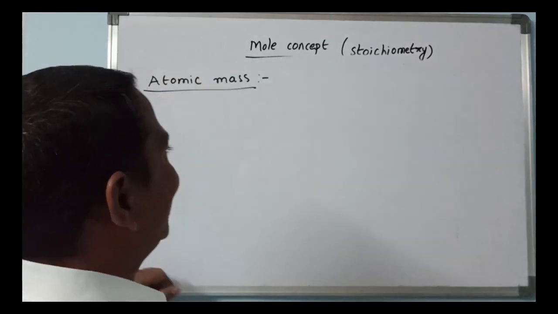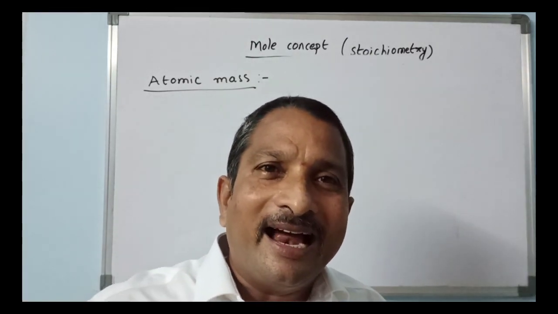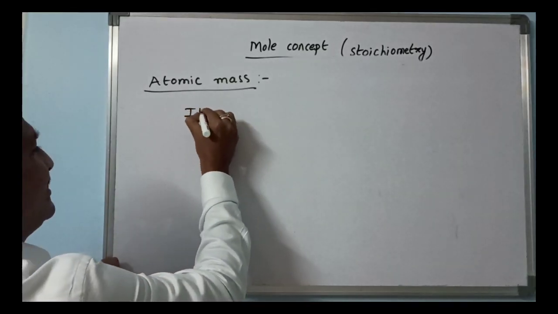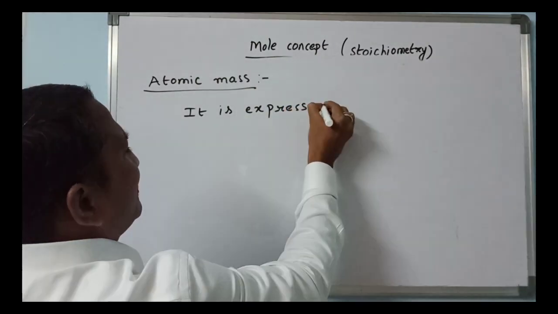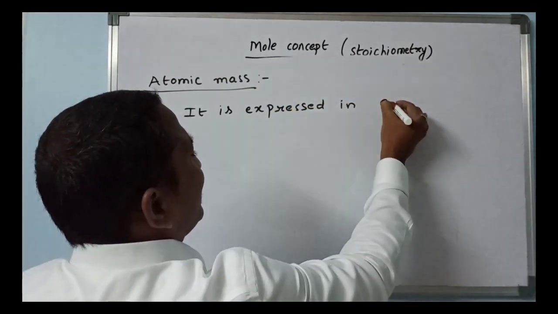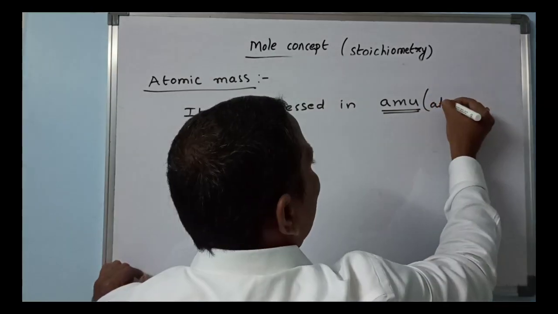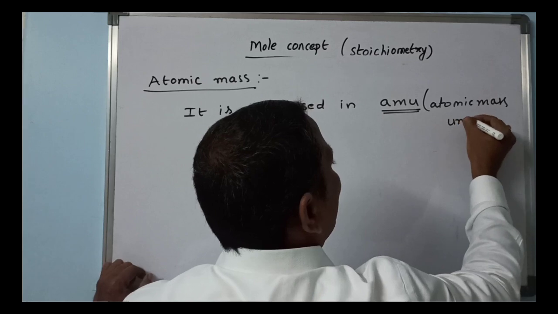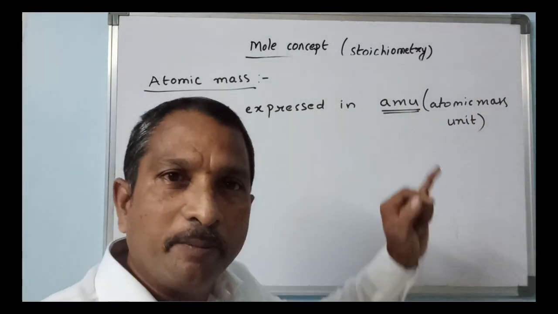Okay, see, atomic mass of an element is derived from atomic mass unit. It is expressed in AMU. AMU means atomic mass unit. Okay, atomic mass is expressed in AMU.